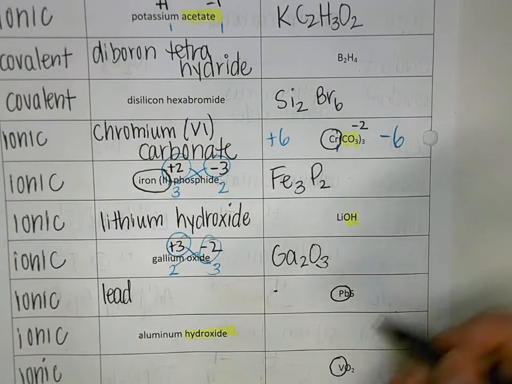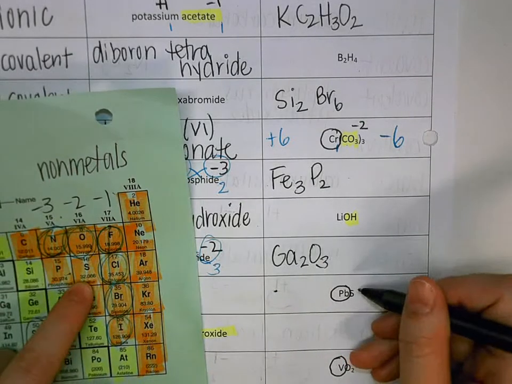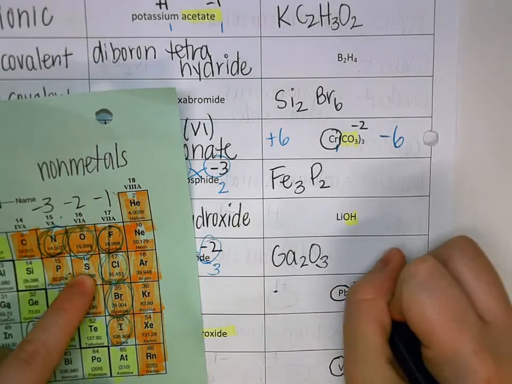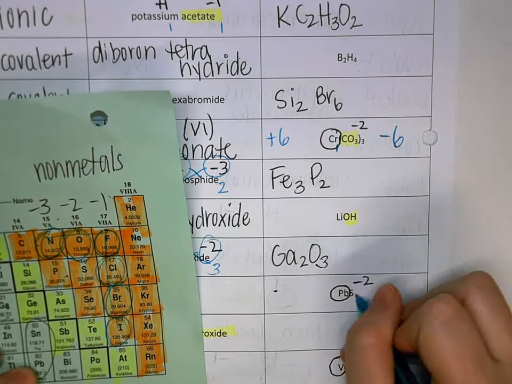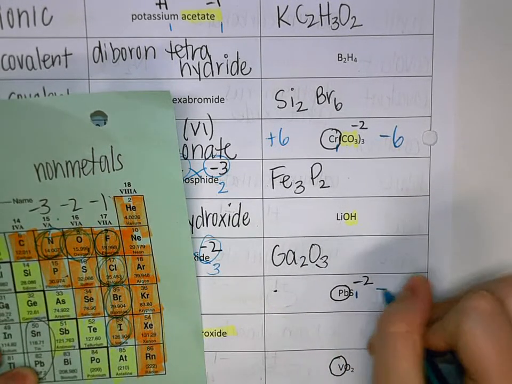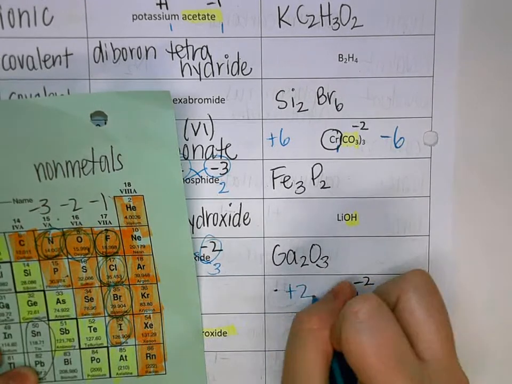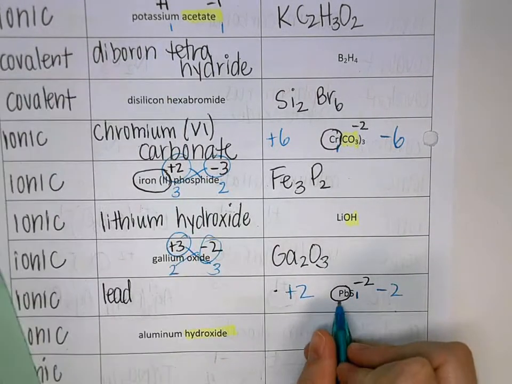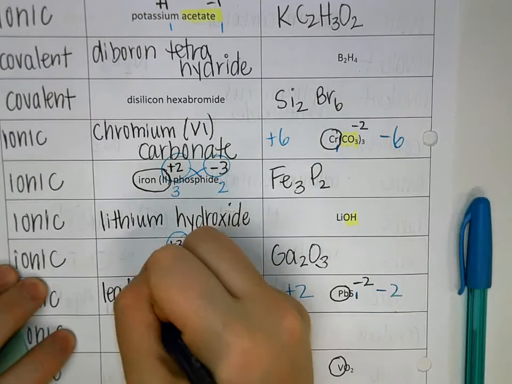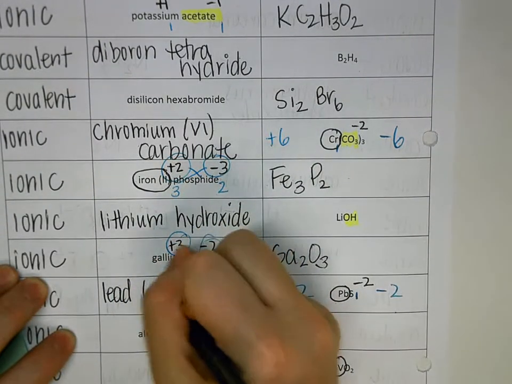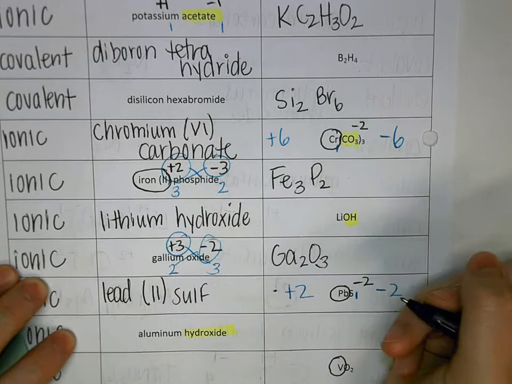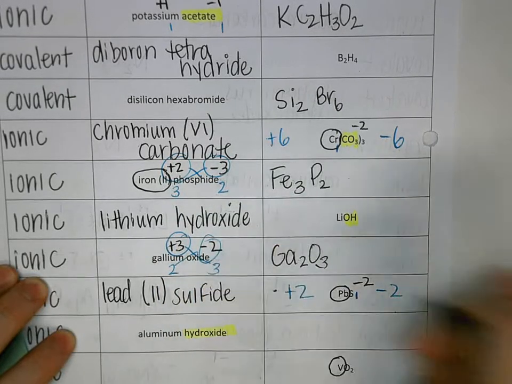So sulfur, I don't know the charge on lead, but I do know the charge on sulfur is -2. So that means that my total negative charge is 2, which means my positive charge must be 2. There's only one lead, so the charge in that lead must be 2. We have sulfur. Sulfur is going to become sulfide.